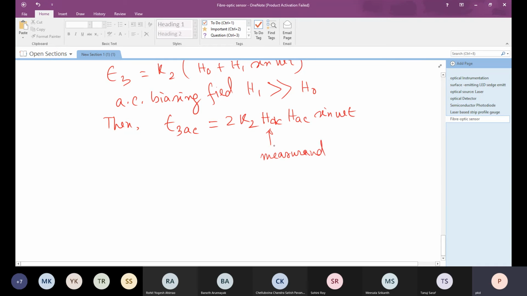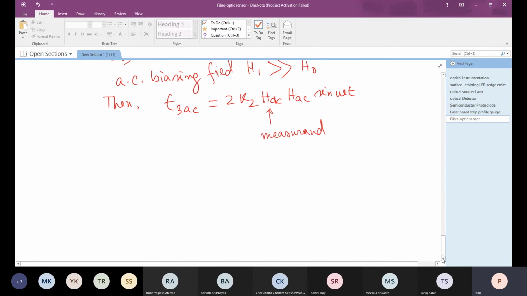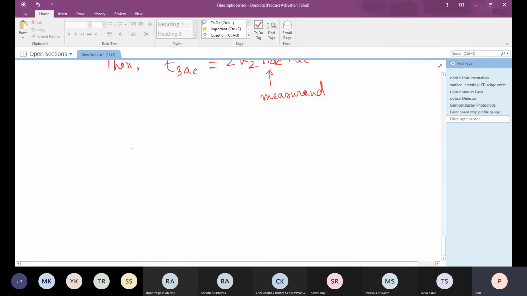This is the DC field we want to measure. So that sensitivity has been enhanced. And also because it is now modulated at a particular frequency omega, we can appropriately filter it out. So this omega is the omega of that biasing field.